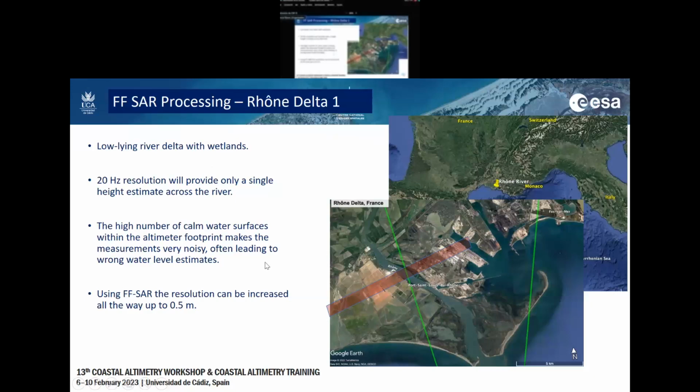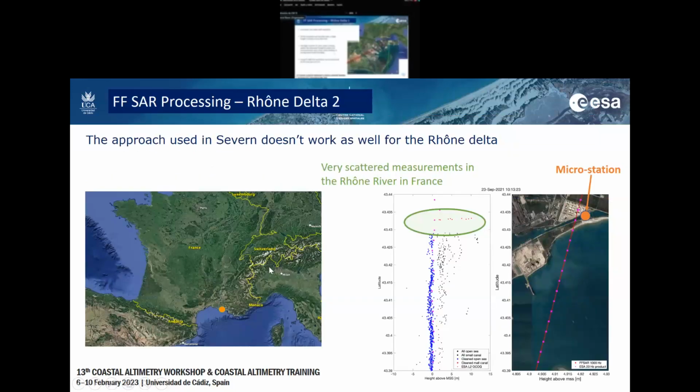So there are a number of surfaces within the altimeter footprint making extra noise. And our initial look shows that what we tried to do in the Severn isn't going to work for the Rhone, so we're going to have to look in more detail at the best approach for using a fully focused SAR processor there.